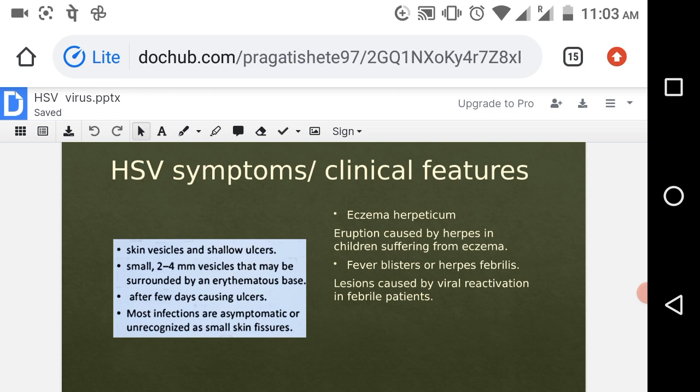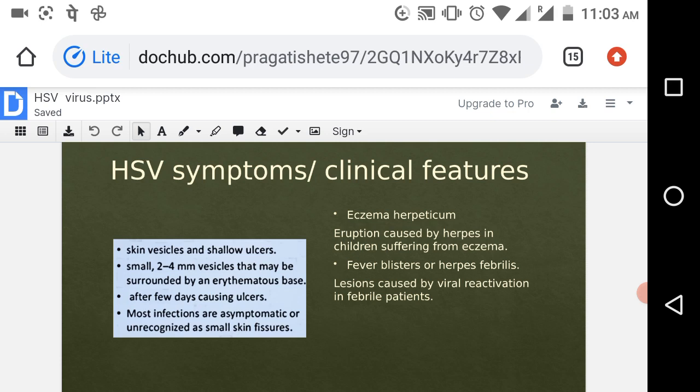Then there are two important characteristics of this disease by which we can identify it. The first one is eczema herpeticum. So what is this? It is a generalized eruption caused by the herpes infection in children.